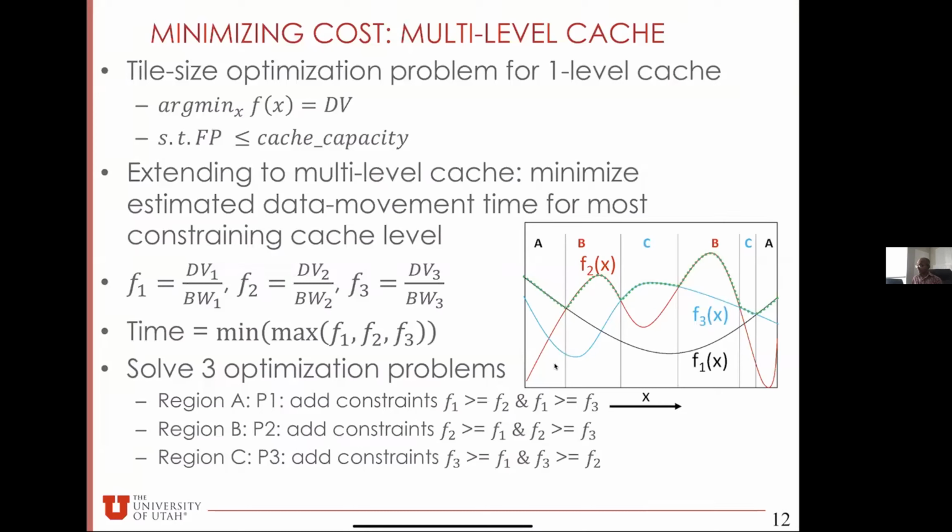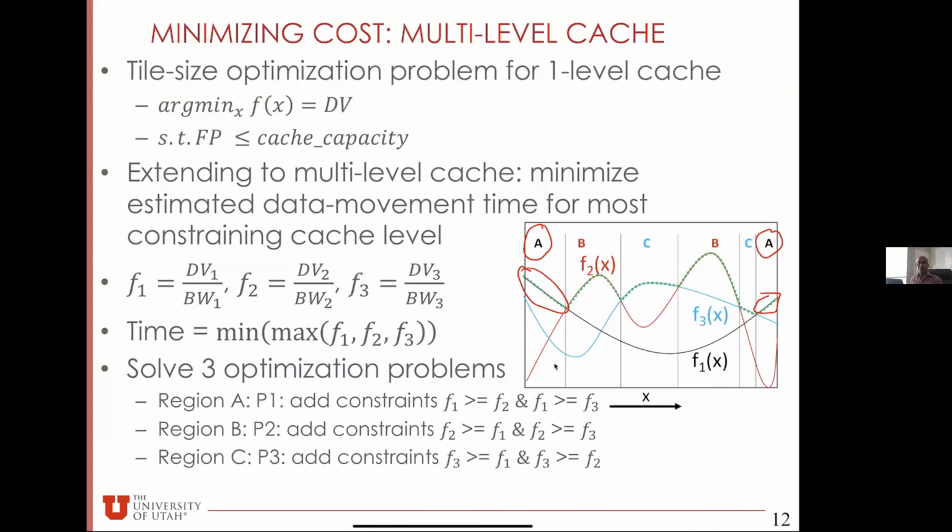We can divide the full index space into regions where a particular function is the maximum. So for example, here, the region A marks the part of the total space where f1 happens to be the maximum. Similarly, we can mark regions for f2 and f3.